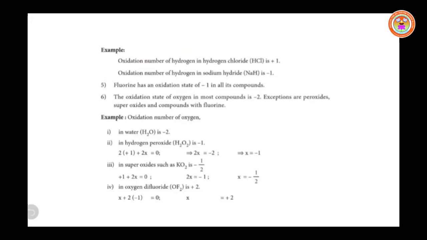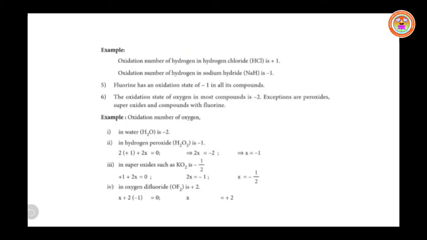The oxidation state of fluorine is always minus 1 because it is the only element with the highest electronegativity value, whereas the oxidation state of other elements varies from compound to compound.